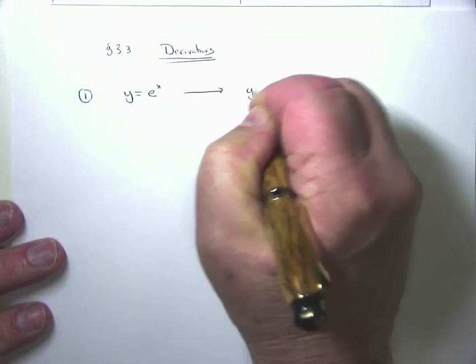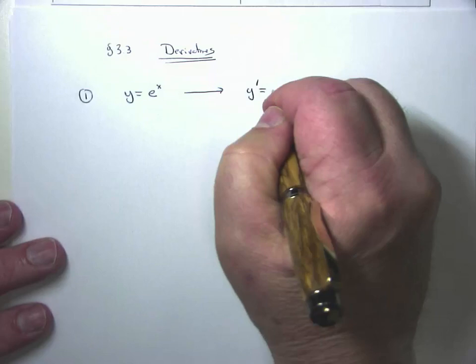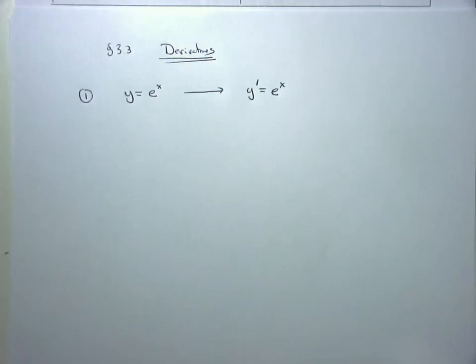Because when you take its derivative, the derivative of e to the x is e to the x. It's the only function in the universe, besides 0, that is its own derivative. So when you start studying population growth and models where things grow at a rate proportional to themselves, this e to the x pattern shows up.